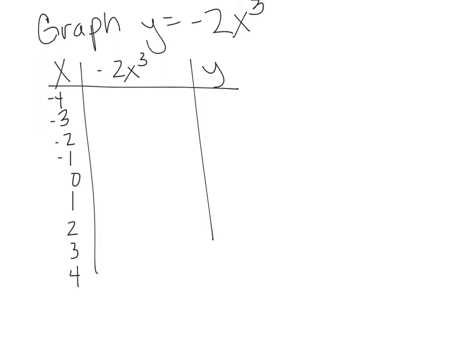Okay, and so I'm going to just go ahead and substitute each of these values in for x. So it's going to be negative 2 times negative 4 to the third. So keep in mind your order of operations. You are going to need to take care of the negative 4 to the third, and then multiply that times the negative 2.